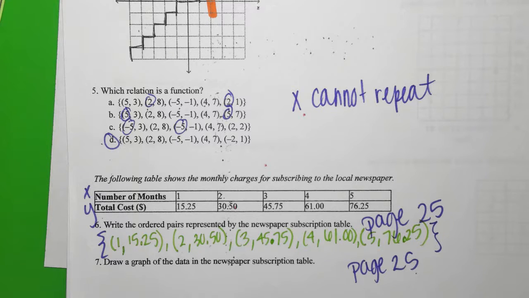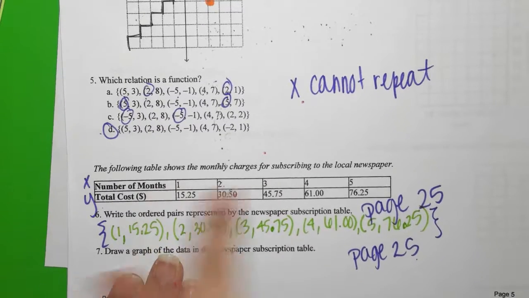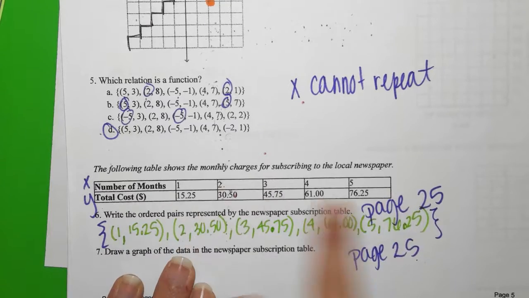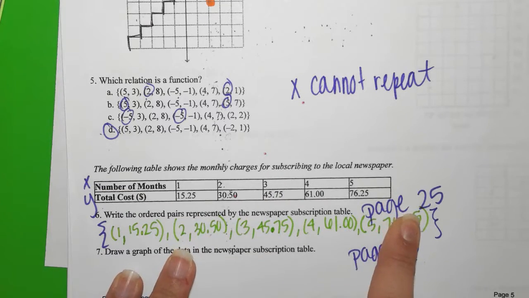So how many months I sign up controls how much I pay, right? Because you're not going to pay the same price for a 5-month service as a 1-month service. Because it's more months, right? So you should be able to look at this and know what the independent variable is. The independent controls what's going on. So the number of months you sign up controls how much you pay, not the other way around.